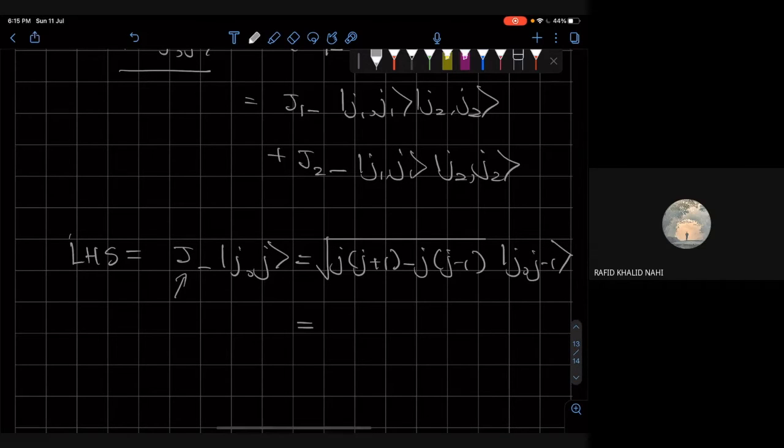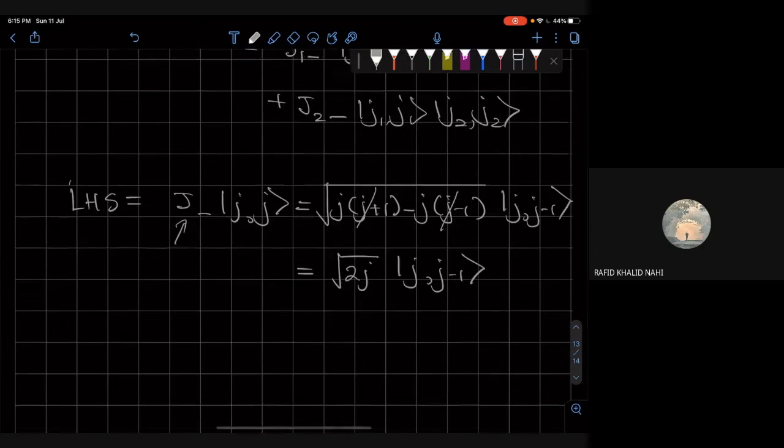There's a j squared term and a minus j squared term, and this is going to be simply 2j square root times the state j minus 1. So this is the left hand side.